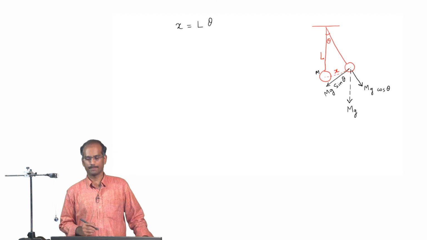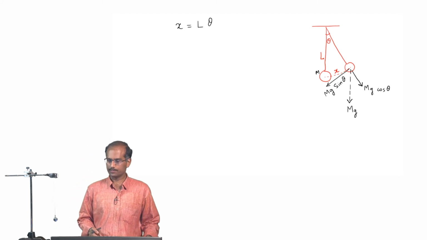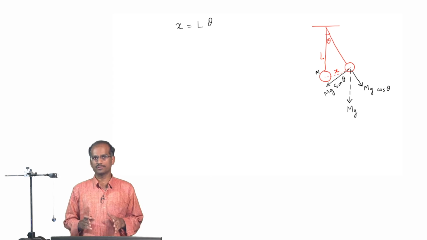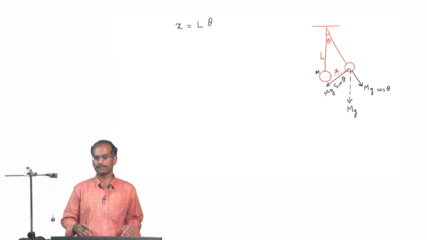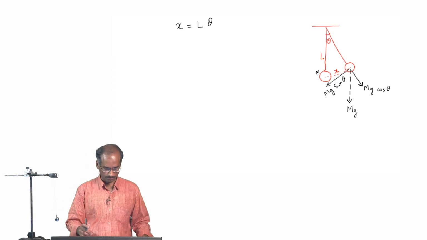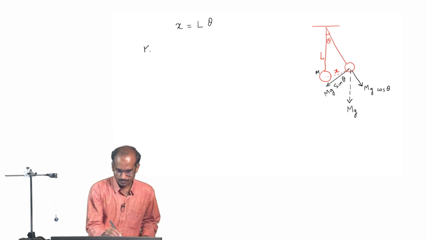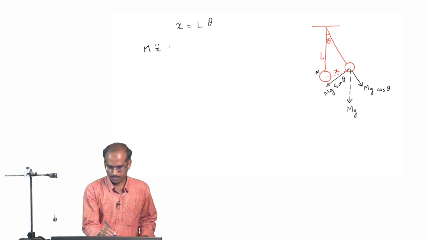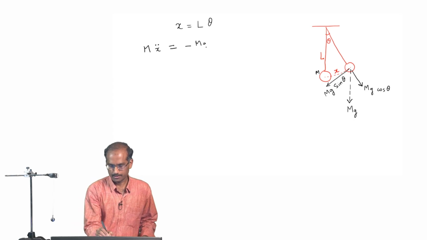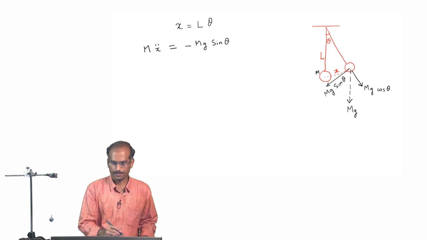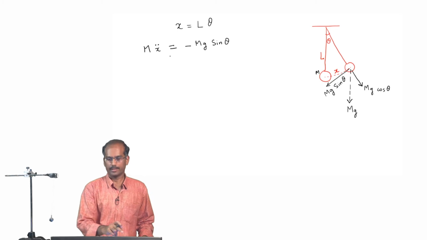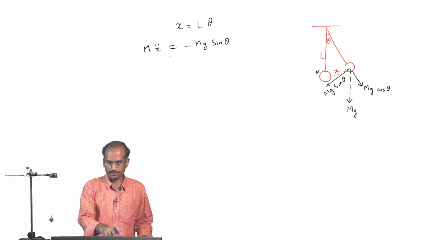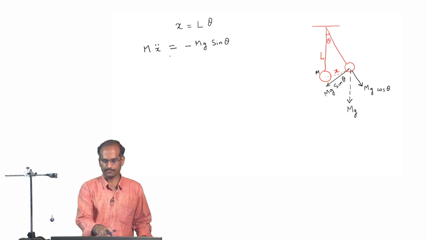sin theta. So, now we are ready to write the equation of motion that will precisely describe the motion of this bob. So, m x double dot is equal to the restoring force, which is minus mg sin theta, and here x double dot can be replaced in terms of L and theta.